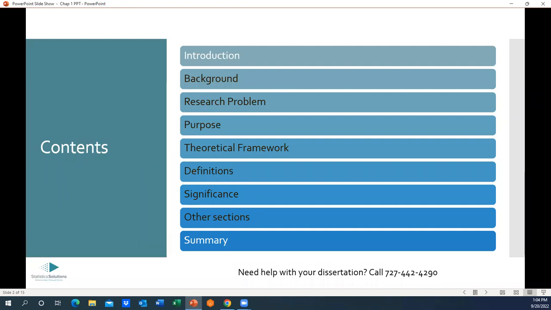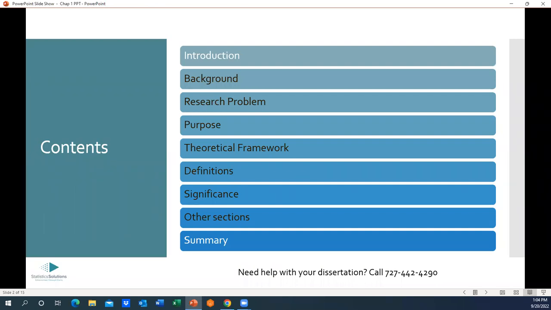Chapters 1, 2, and 3 are typically called the proposal for your study. In other words, they're what you're proposing to conduct your study on. This is what you're planning on doing. Then you get your proposal approved, you collect data, present that in chapter 4, and you discuss the results in chapter 5.